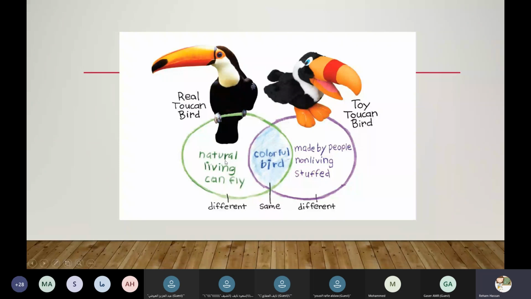Yes, so Naif, the matter may be natural or made by people. Living or non-living? Living or non-living. Thank you so much, Naif.